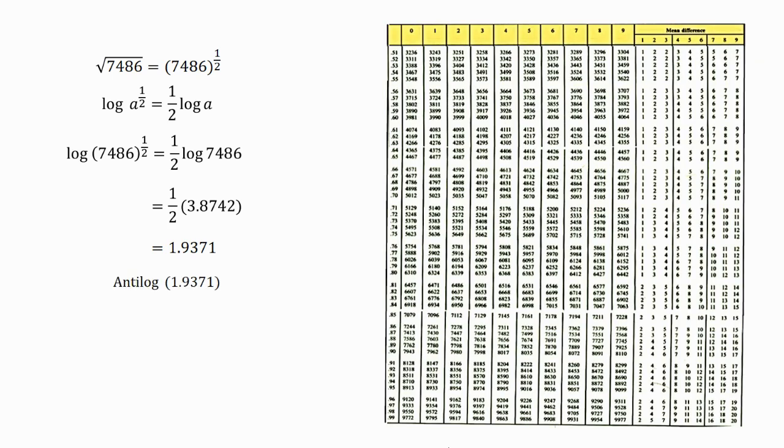Now antilog value. For that, I consider 0.93 in the very first column. Along the 93 row, I observe the value under 7th column. Then I add mean difference along the same row under the first column.